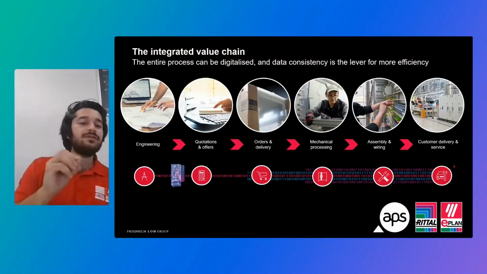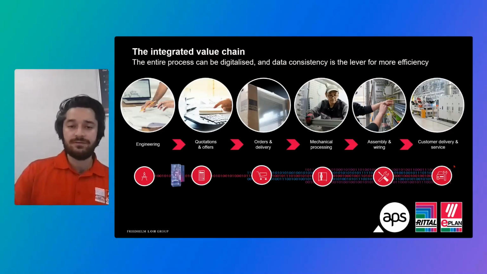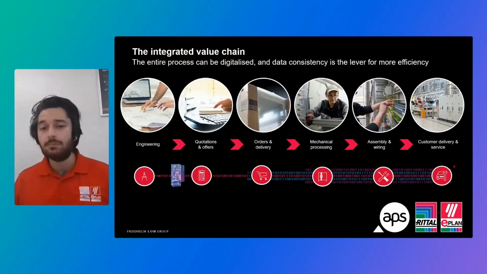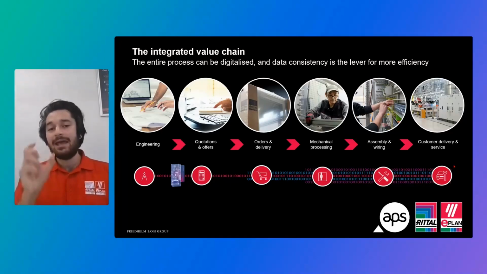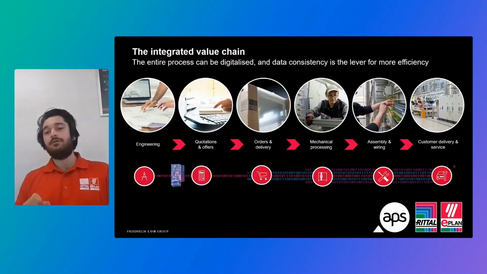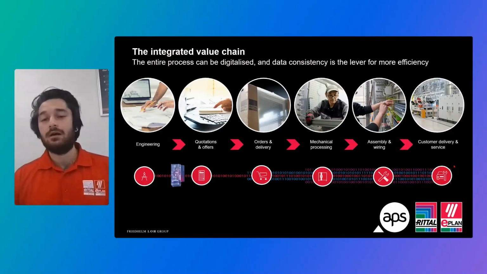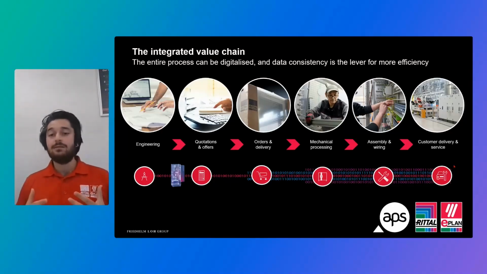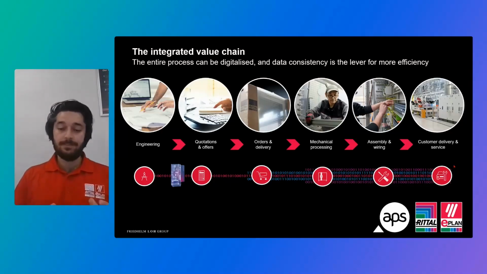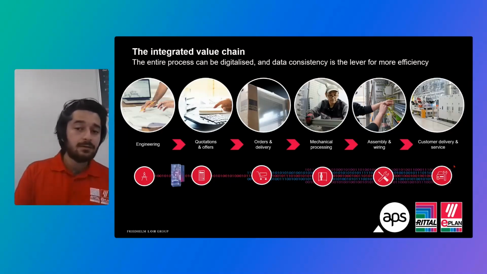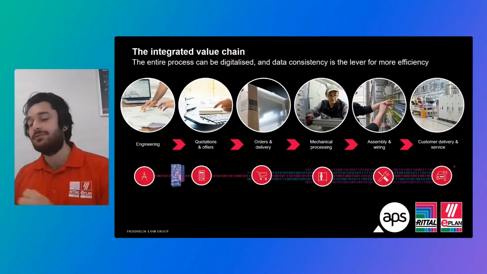Through every process, whether it's orders and deliveries, mechanical processing, engineering, or quotations and offers, you're collecting more and more data. We want to collect that data and make the most of it, keeping it with us not only to analyze now, but for the future as well.